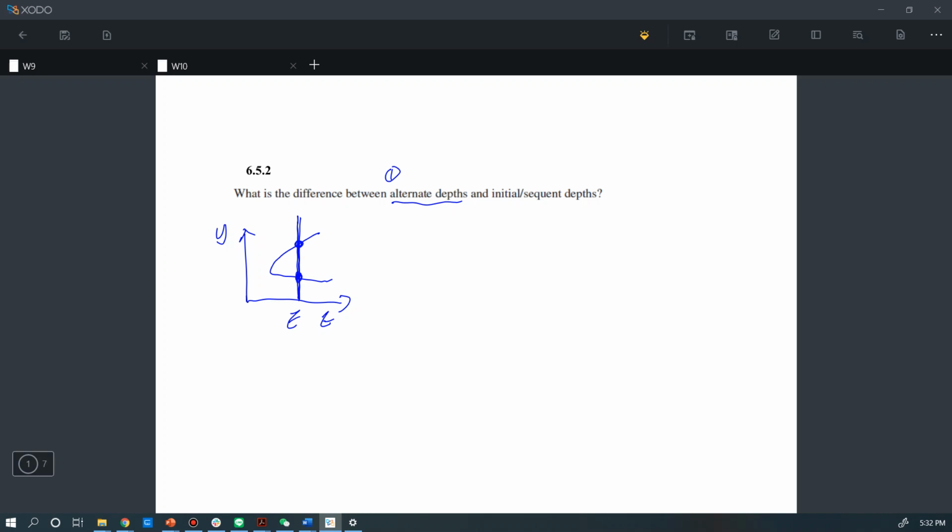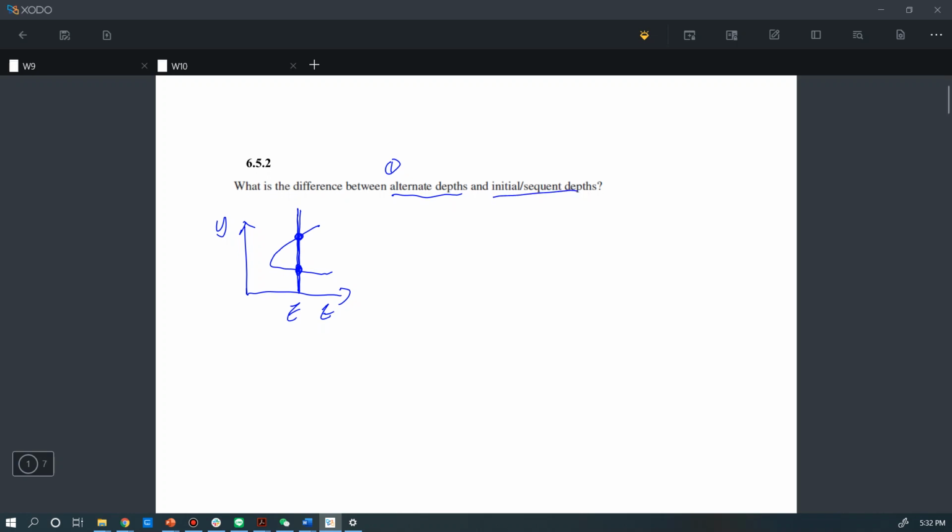Okay, so similarly, the initial and sequence depths are the depths before and after the hydraulic jump. For example, we have a hydraulic jump that looks like this, and here is the bed of the channel.